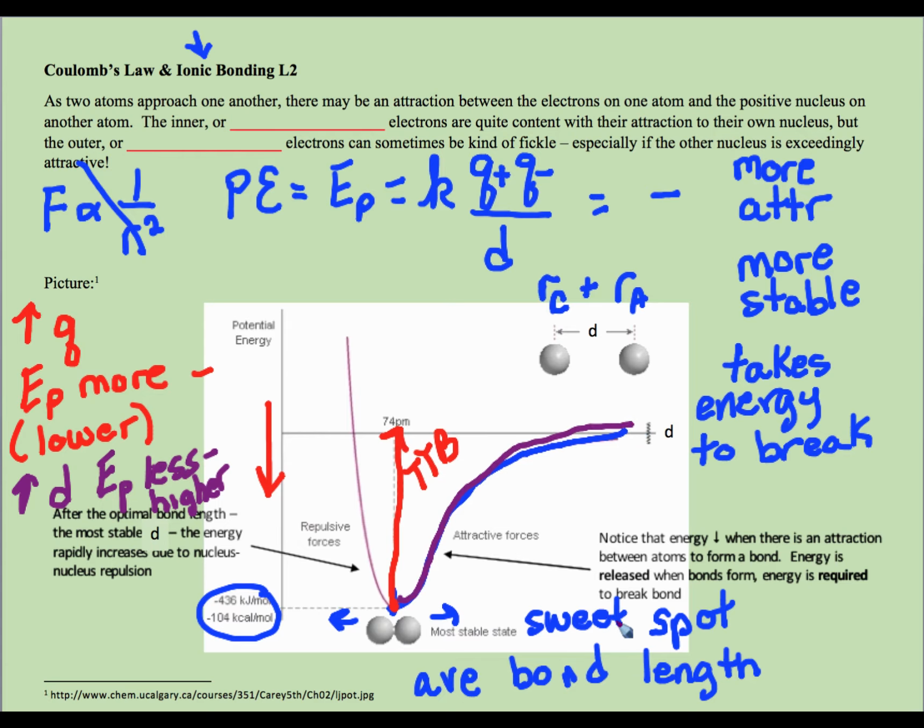Now, if you're comparing say two ionic compounds and you want to look at their properties, remember structure determines function. The phrase I like to say is charge trumps radius.